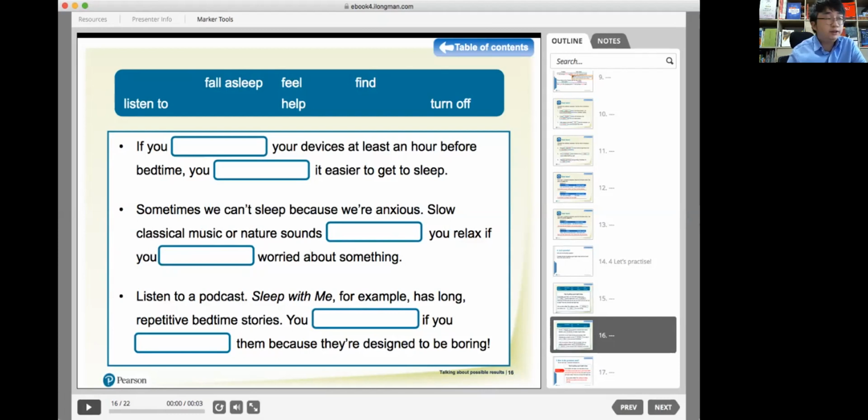All right. So let's check the answers. For the second tip, I would say, if you turn off your devices at least an hour before bedtime, you will find it easier to get to sleep. The third tip, sometimes we can't sleep because we are anxious.